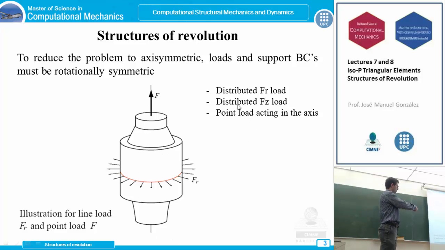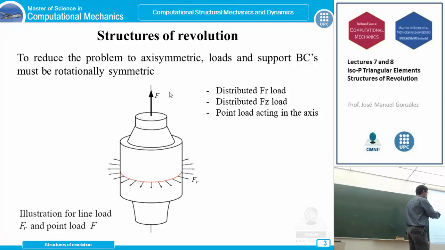We can have a vertical load in an axisymmetric distribution. So imagine a vertical load around this circle or this line. We can have a distributed load over this surface, or a line load over this boundary. So this is a vertical load, or a load parallel to the axis, and this axisymmetric distribution of vertical load makes our problem again axisymmetric.